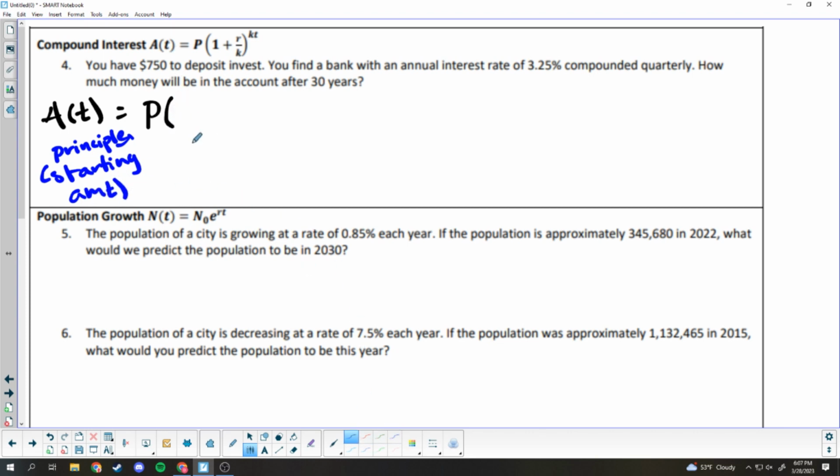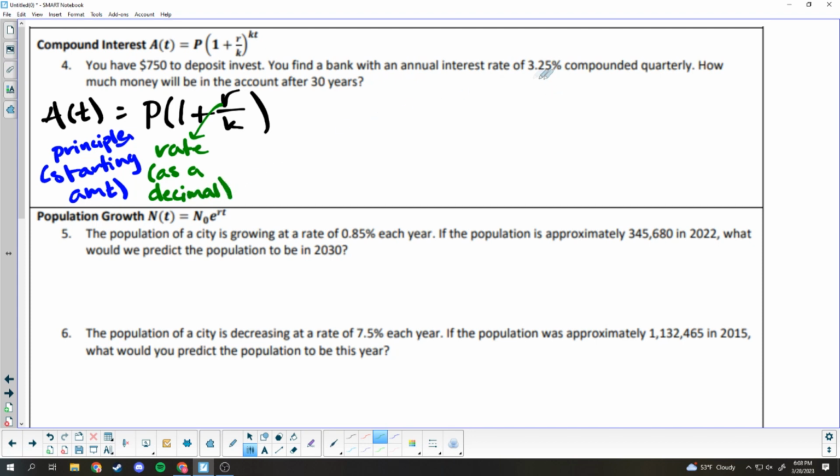This time, though, we are multiplying not by a half, but 1 plus r over k. All right. This r refers to the rate, which is the percentage that you're increasing by each year, the interest rate. Now, what's important is that in our equation, we need to write it as a decimal.